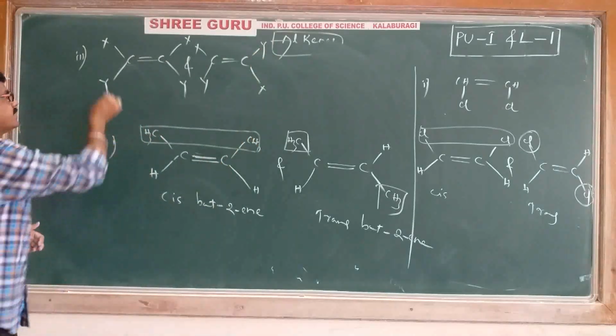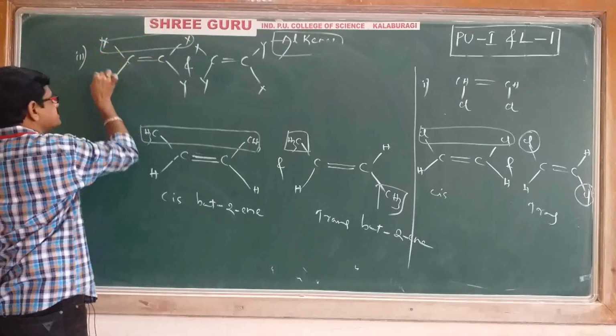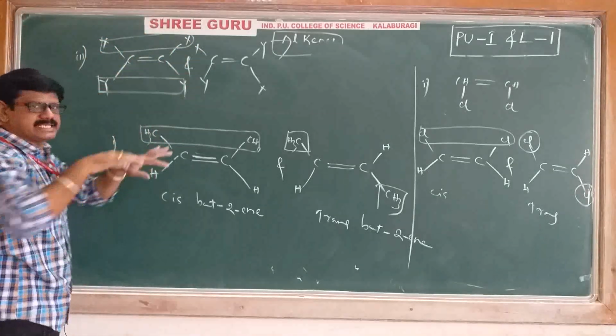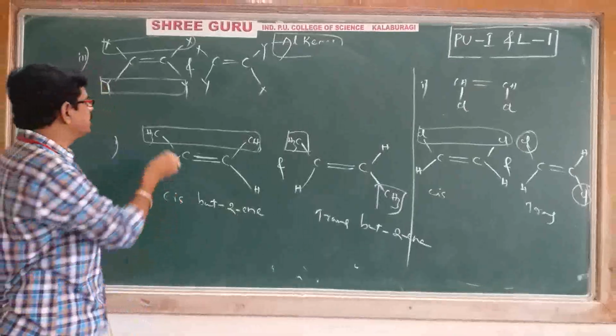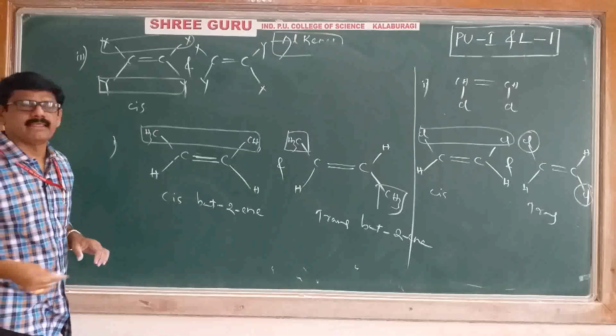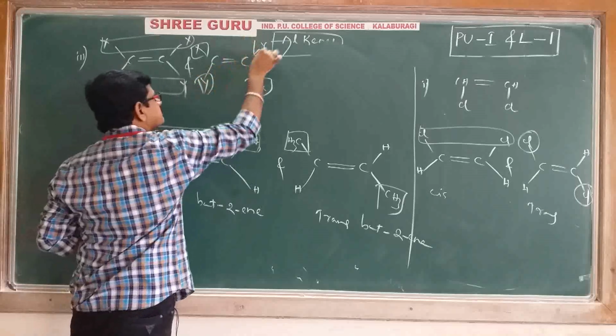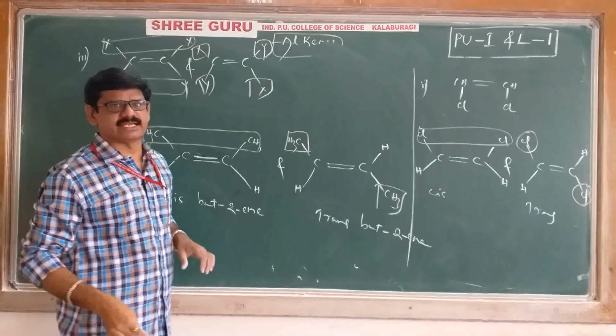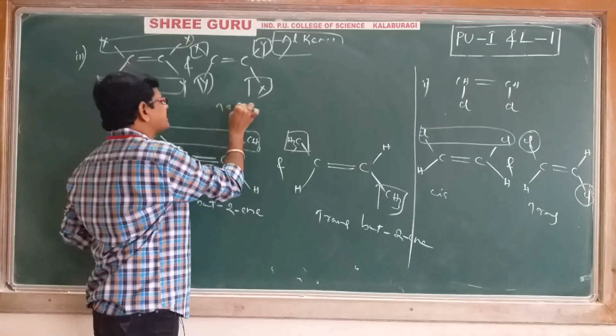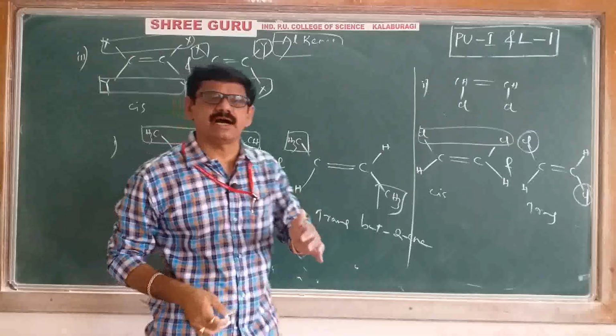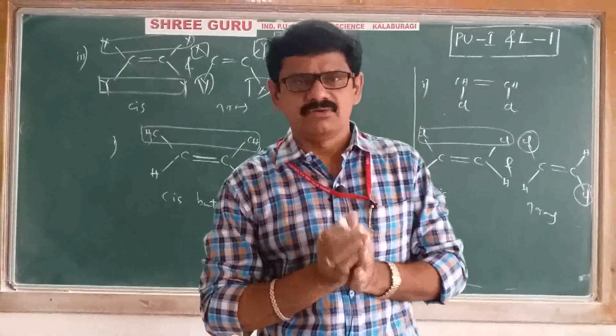Here both X groups as well as both Y groups are on the same side of the double bond. That's why it is the cis form. Here X and Y are on opposite sides of the double bond. That's why it is the trans form. One is a cis form, one is a trans form. Why do they exist?